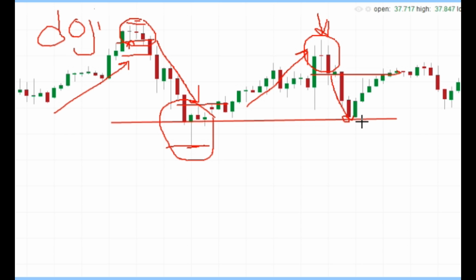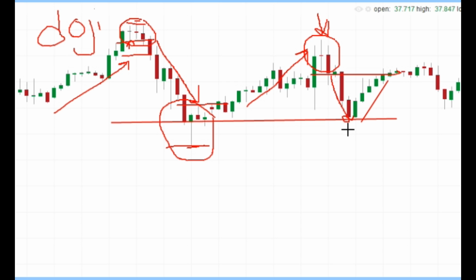So the market came back and came down up to here, and then it pushed up higher. Okay, so here there was not much price action, because this would have been better if it was engulfing, but again the market turned.